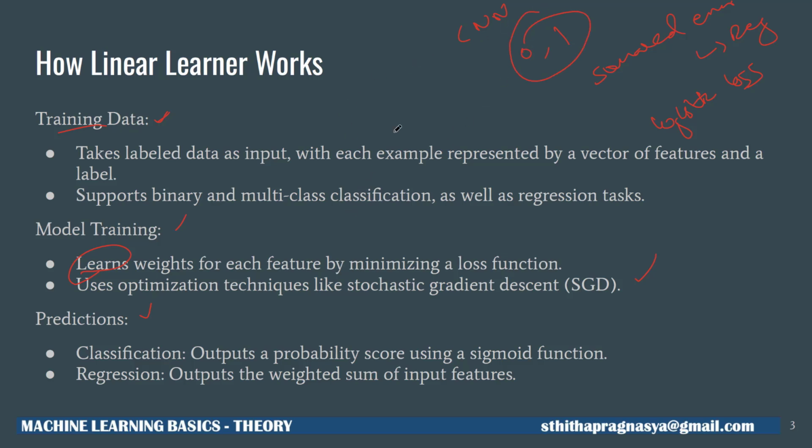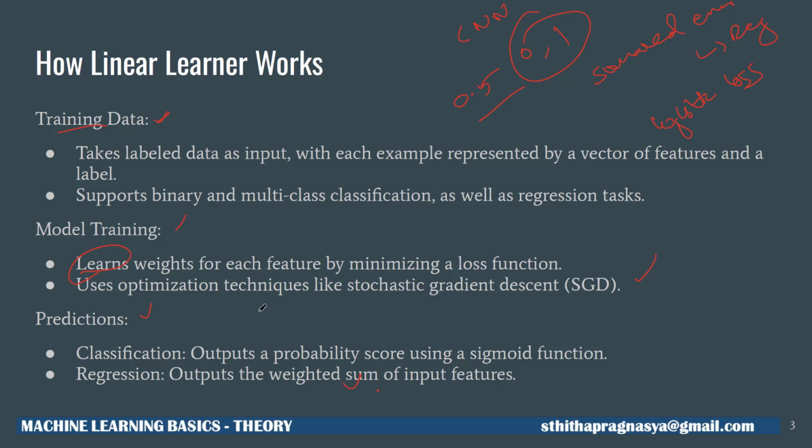If the score exceeds a certain threshold, for example 0.5, the instance is classified as one class, otherwise it's classified as the other. For regression, the algorithm simply outputs the weighted sum of the input features, which is the predicted value. So it doesn't classify. The extra step for classification is that it uses this to do the classification.